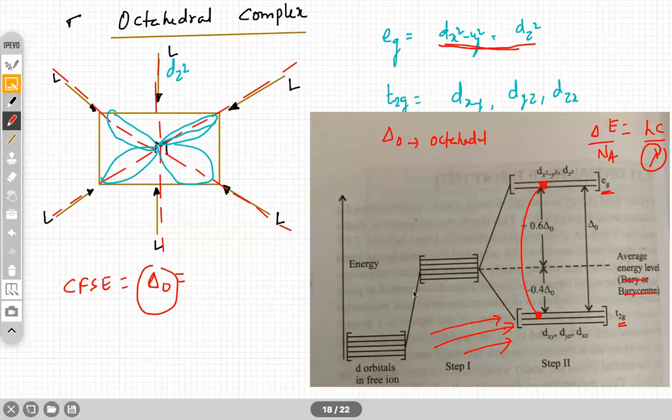CFSE is because you are distributing the electrons, and when an electron goes from one orbital to another, or you put one electron into one orbital, there will be some exchange in energy, right? That energy is signified by CFSE. Because X and Y are the number of electrons, if X and Y change, CFSE also changes. That is associated with the number of electrons present in the orbitals.